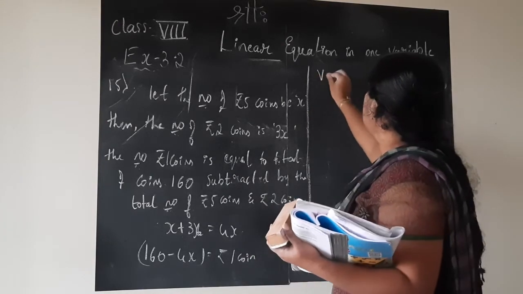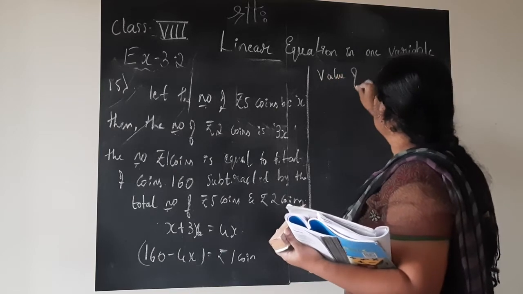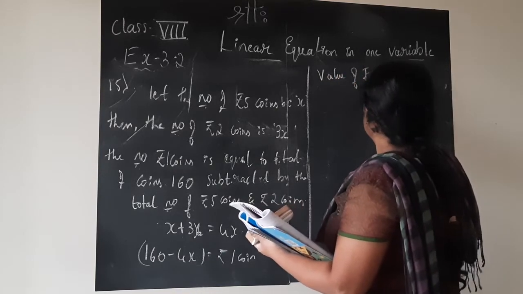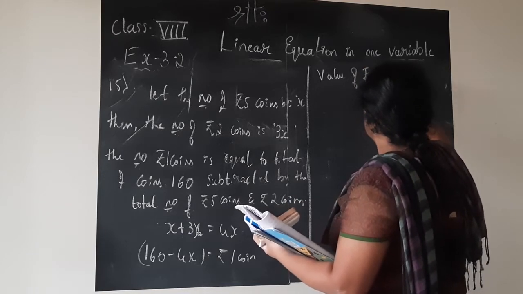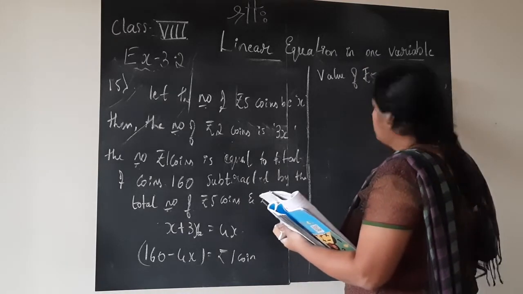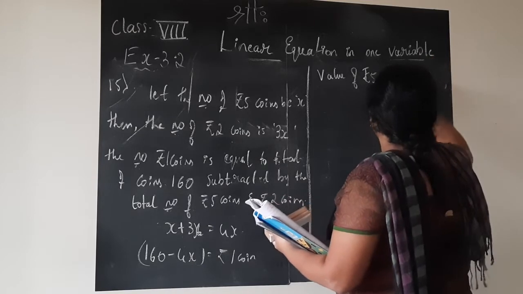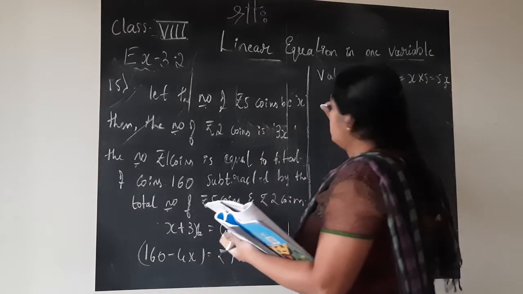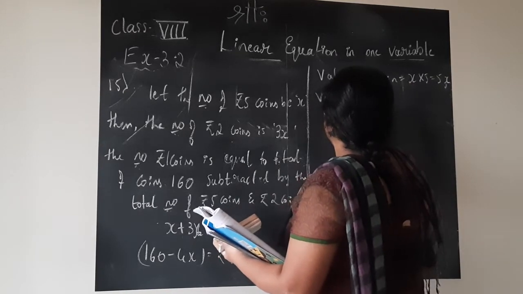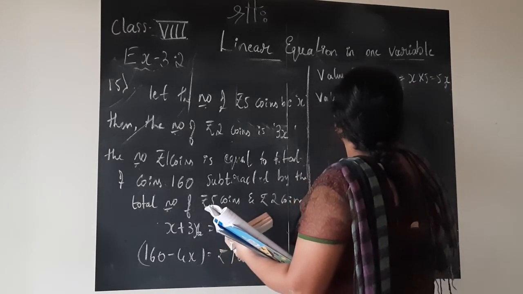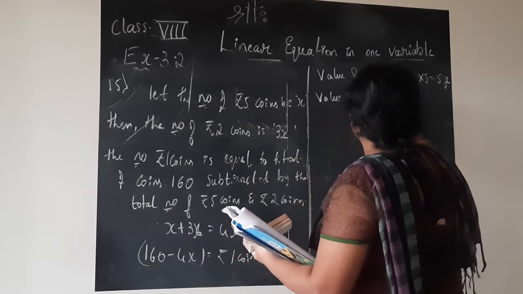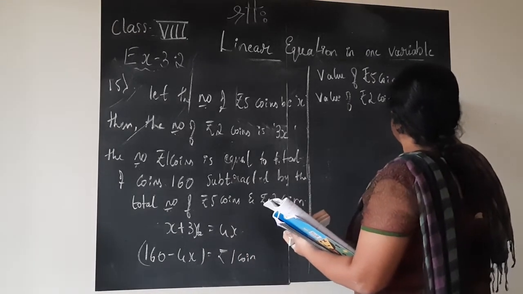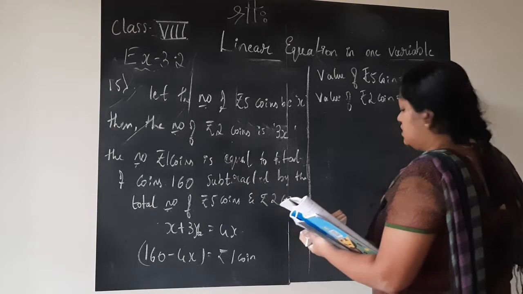So as we did for the previous problem, children, the value of rupee 5 coins is 5x, that is x into 5, which is 5x. Similarly, the value of rupee 2 coins is 3x into 2, which is 6x.